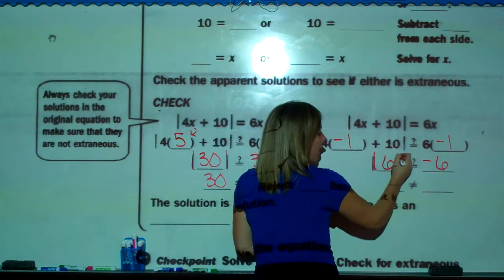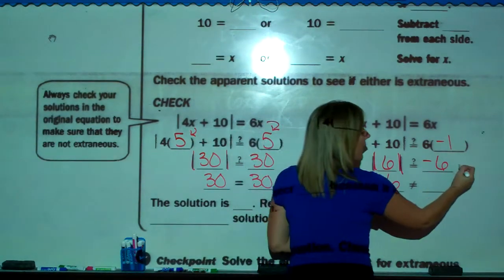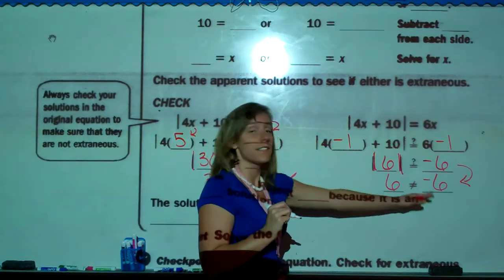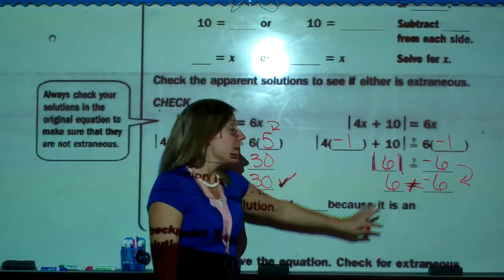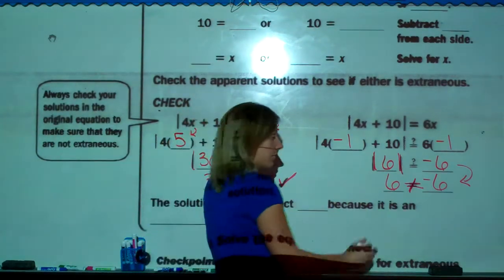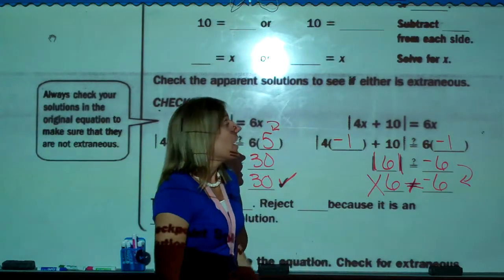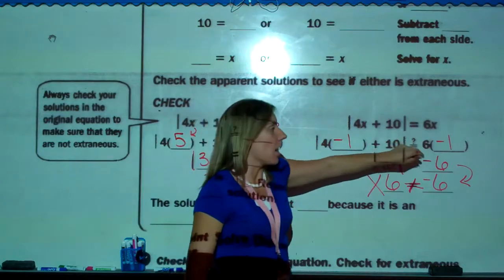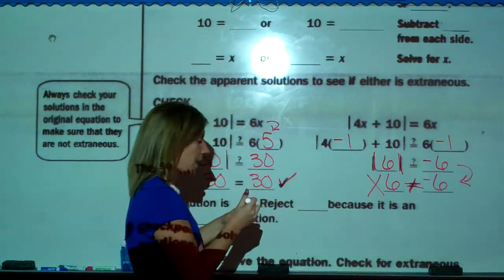Well, the absolute value of 6 is a positive 6, but this became a negative 6. So 6 and negative 6 are two different things. They are not equal. Okay, so this is not an answer. This is not a solution. It's not true, okay? And it's because the negative gave us a problem. The negative caused the numbers to change on us, and so that's why it didn't work out, okay?